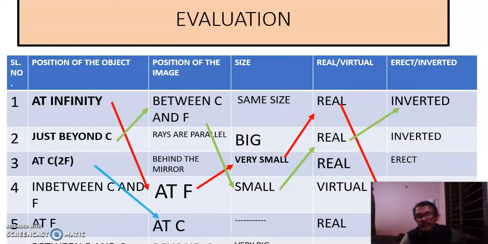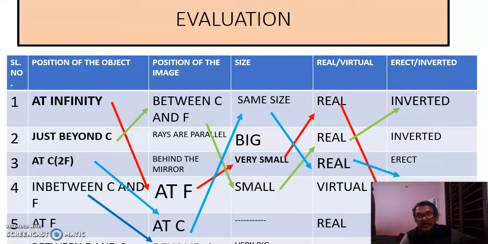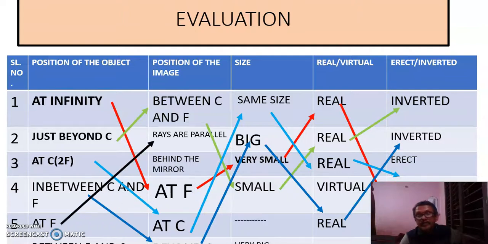At C: same size, real, inverted. In between C and F, beyond C: big, real, inverted. At F, rays are parallel. You can't say same size or not, you can't say real or virtual, you can't say inverted or erect.